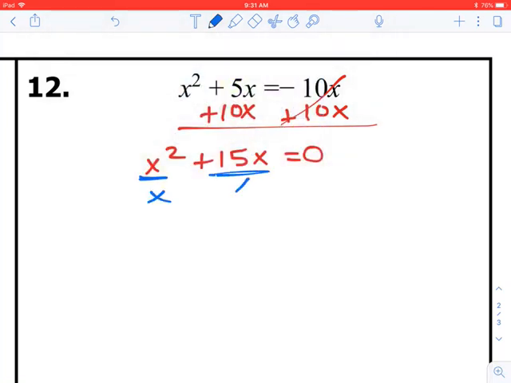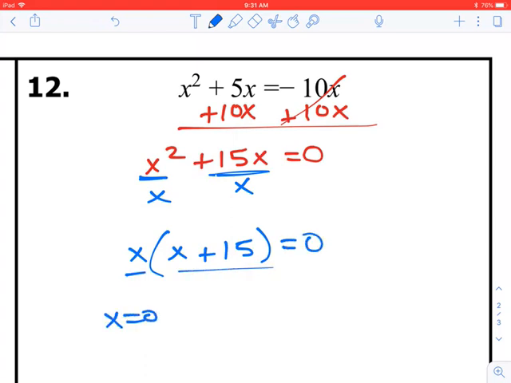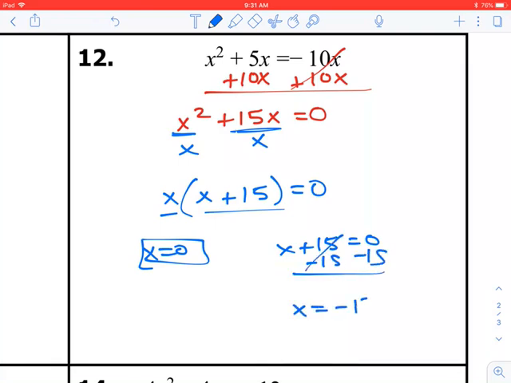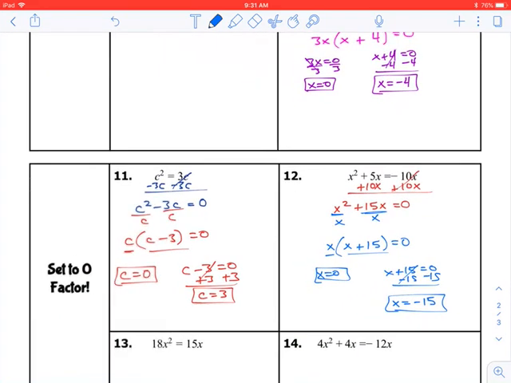So x is my GCF there. I get x plus 15 left over. So there's my two factors. x equals 0, x plus 15 equals 0. x equals 0 is already there. I subtract 15, get x equals negative 15. And that's the zero product property.